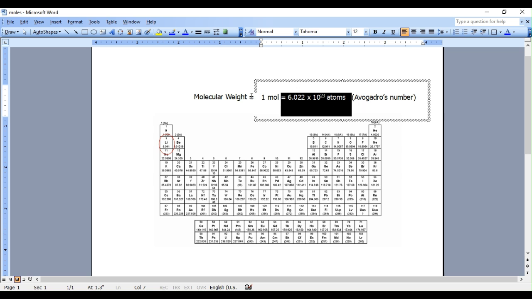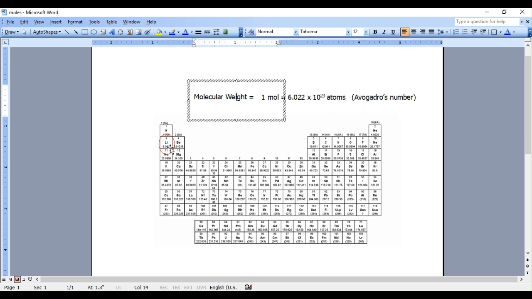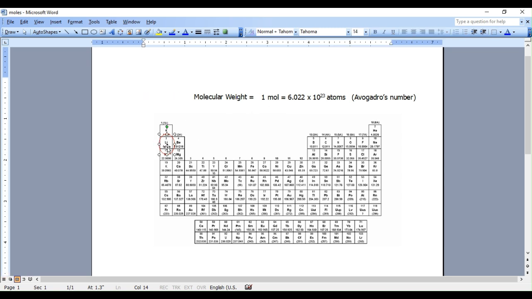So if they say to you, if I have 15 grams of lithium, how many moles is that? Well, looking at lithium, which has a molecular weight of 6.941, that number underneath the element symbol Li is the molecular weight. That really means that number of grams is 1 mole.